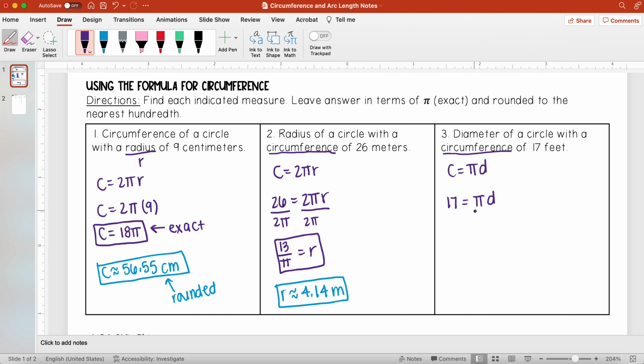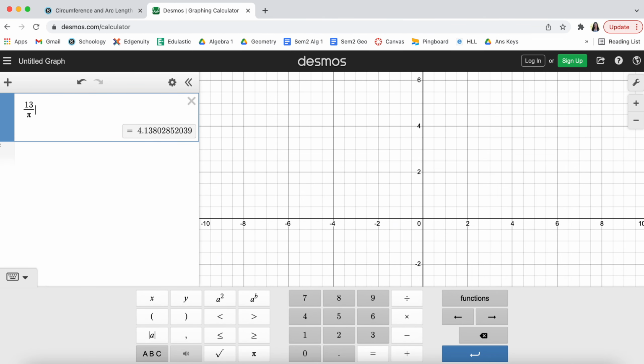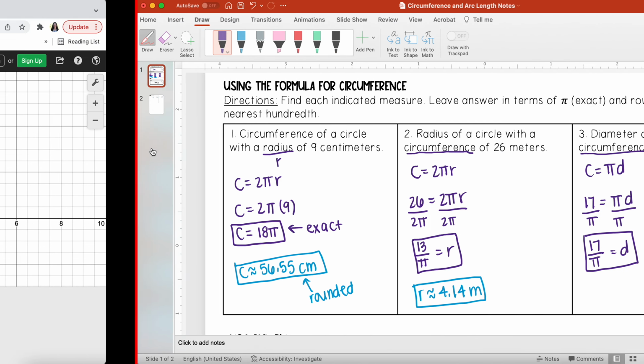And then to get d by itself, I need to divide both sides by pi. So I have that 17 over pi is equal to d. And so there's my exact answer. And then going back over into Desmos, I'm just going to replace this 13 with 17, and I get that my diameter is 5.41.